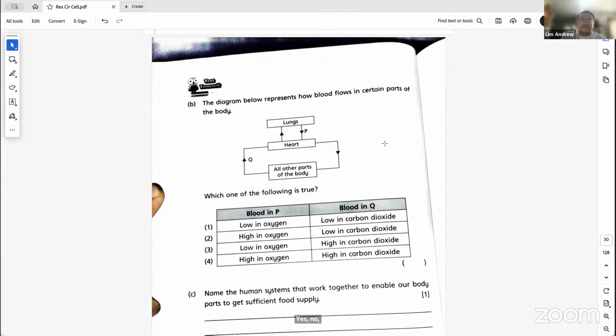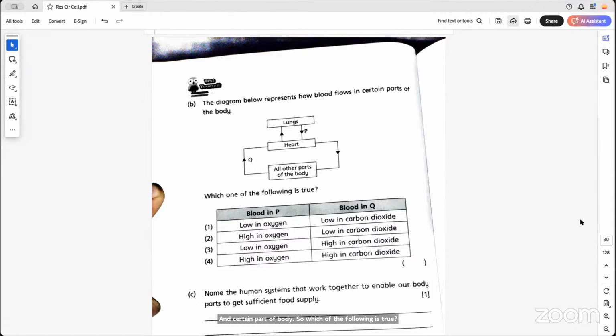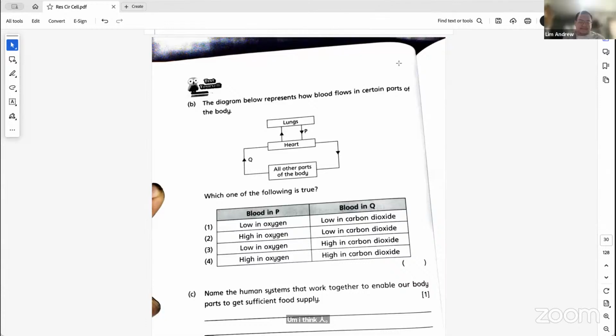Okay, this diagram below shows how blood flows in certain parts of the body. So which of the following is true? Yes, Calvin. I think the answer is 4. Why? Okay, yes, Kevin, you're right.